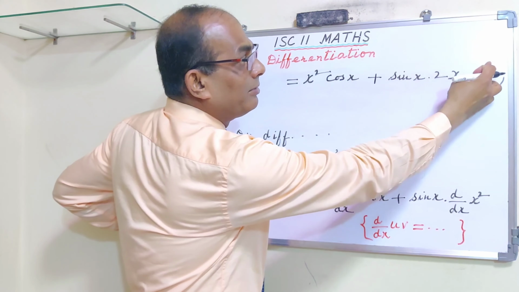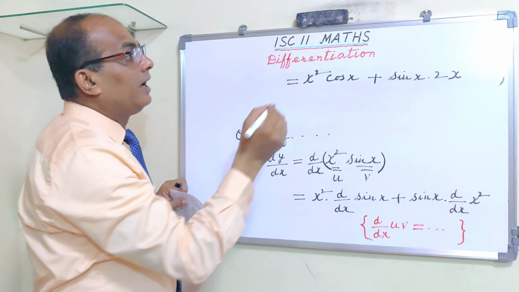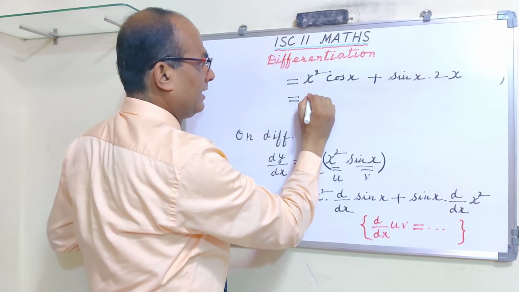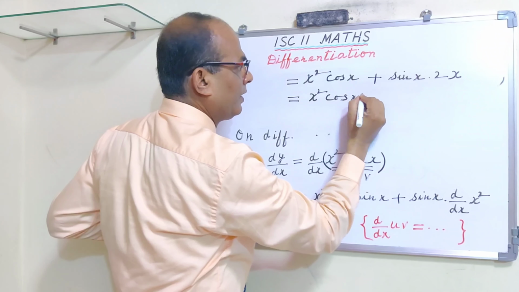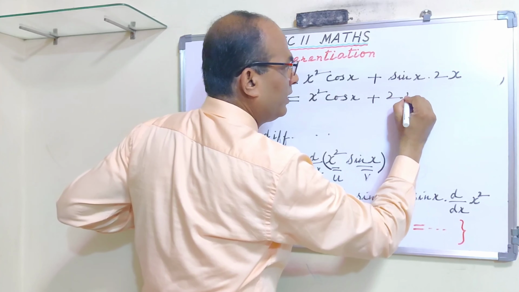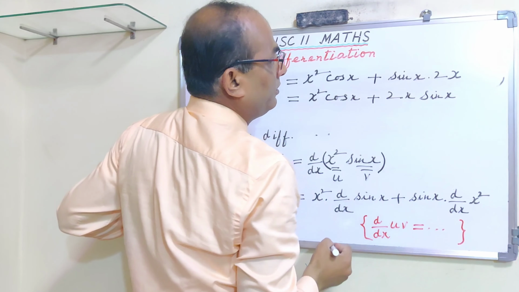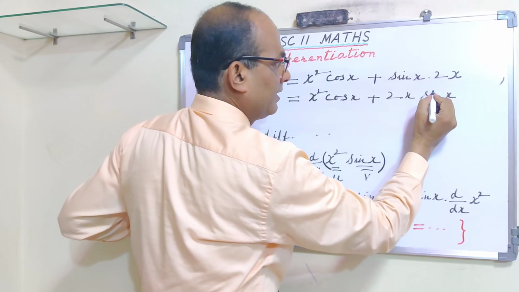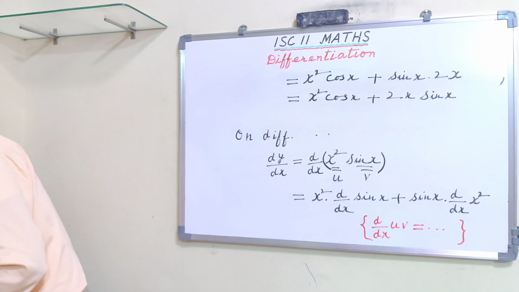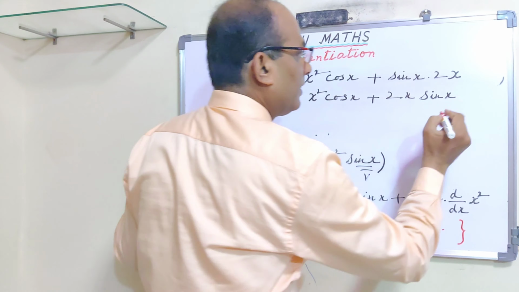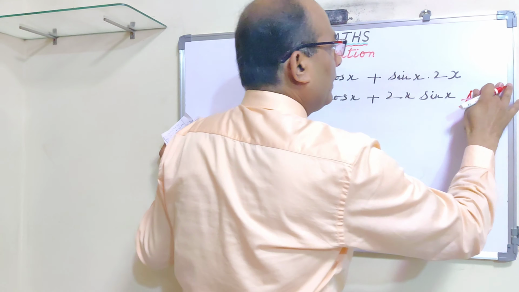So we get x square cos x plus 2x sin x, and this is your answer.